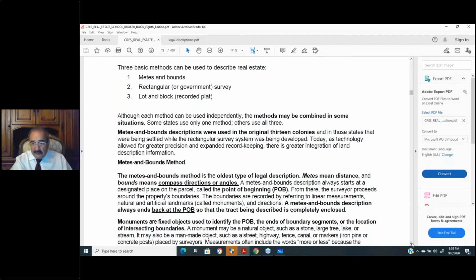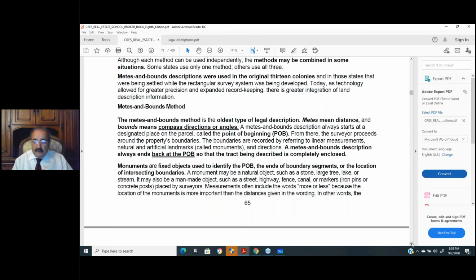A monument could be either natural or artificial. A natural monument, highlight, put an X by that next paragraph, monument. A natural monument will be the big oak tree, the tree stump, the river, the big rock. Artificial is anything placed by man: a house, a fence, a garage. The most important thing, you must always start and end at what's called the POB, the point of beginning.